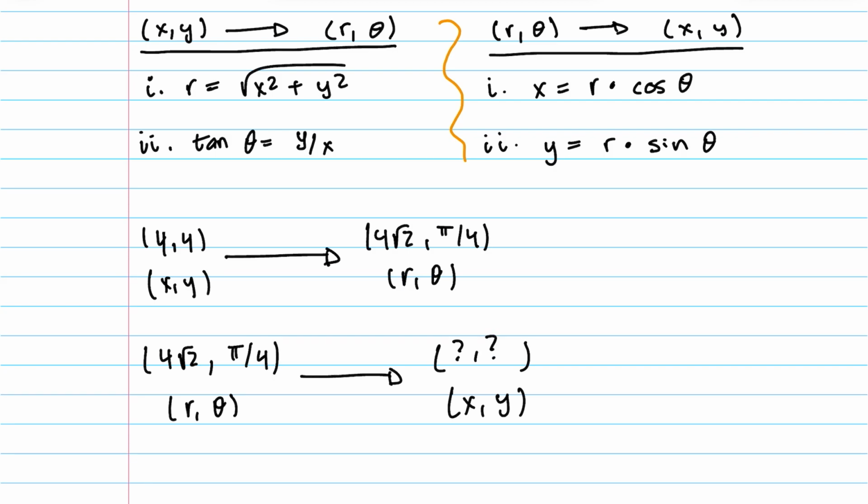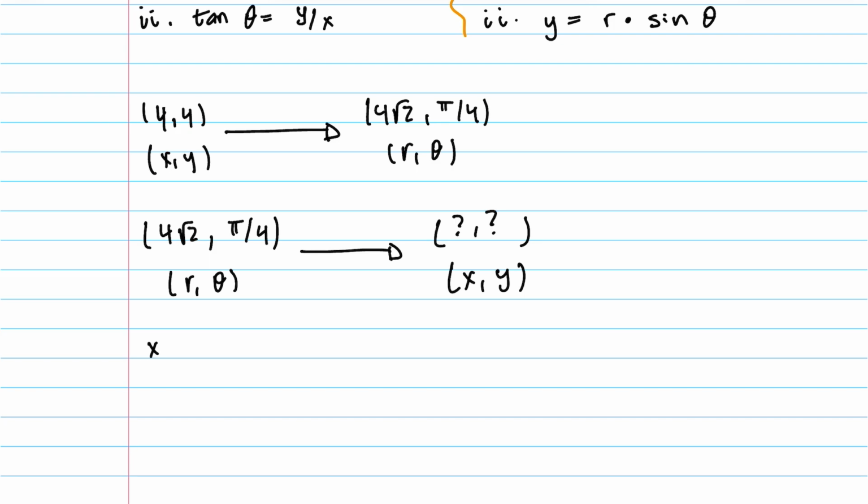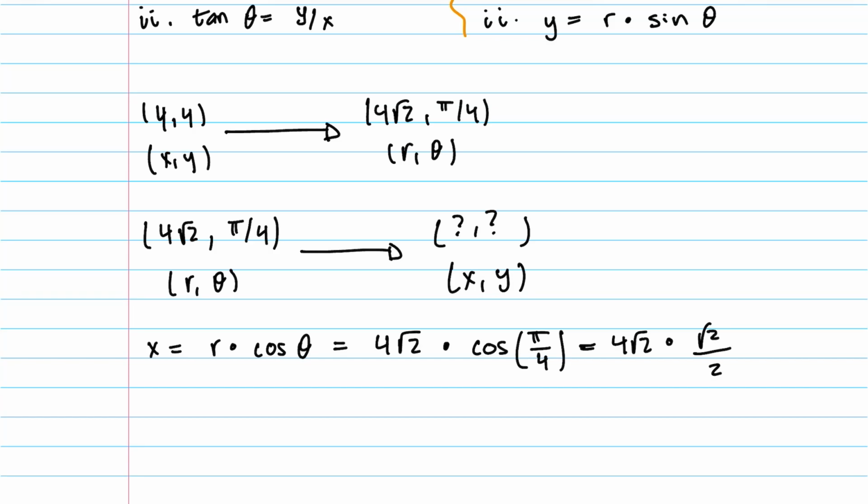So to find x, you'll do r times cosine of theta. From this polar coordinate point, we know that r is 4 square root of 2. Multiply that by cosine of theta, which is pi over 4. Let's simplify that. You'll have 4 square root of 2 times cosine of pi over 4, which is just square root of 2 over 2. Let's write this product under one entire fraction.